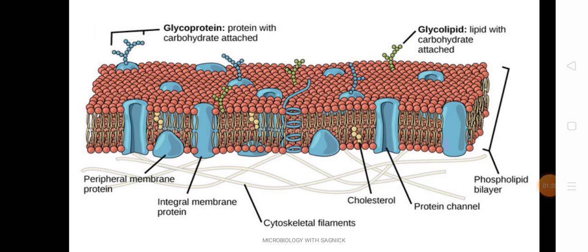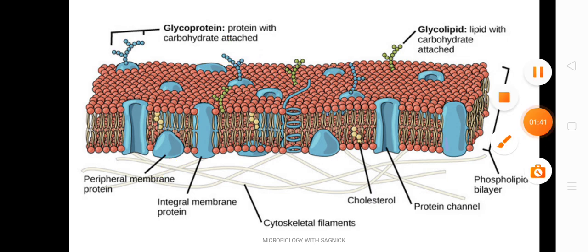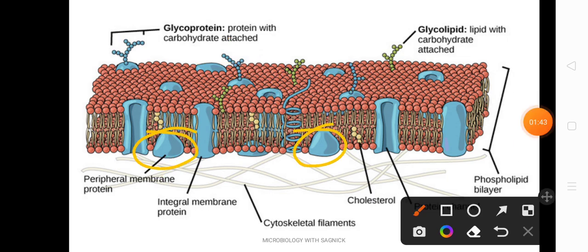I am going to move on to this picture to explain what the peripheral proteins are. Peripheral proteins are these ones, this one, this one, this one. As you can see, they are present in the periphery of the plasma membrane on both sides.